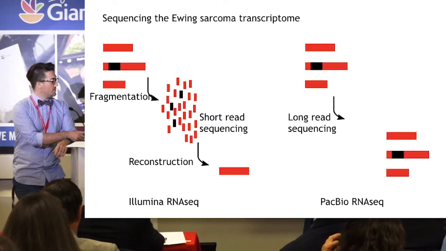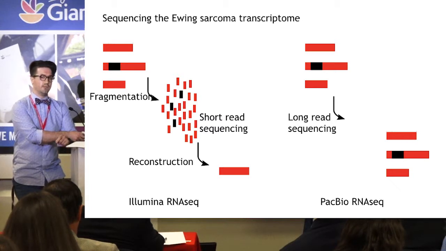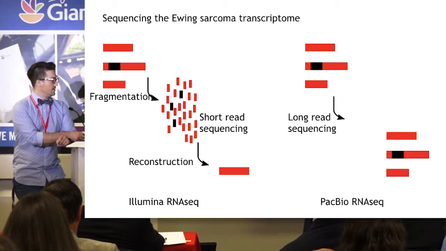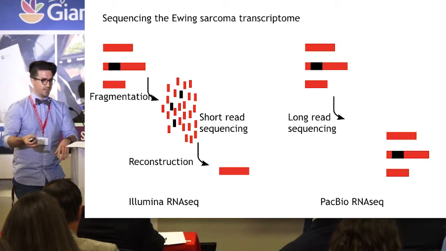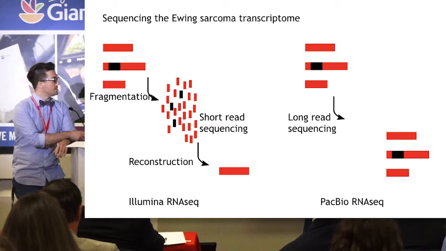So in 2015, we came across a technology called PacBio long-read sequencing. We can essentially take the entire transcriptome out of a series of cell lines and sequence it to produce a transcriptome that we would use later with the short-read RNA-seq. So we generate this kind of hybrid approach for all of our patient samples.